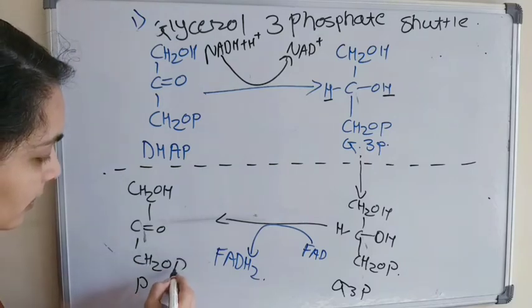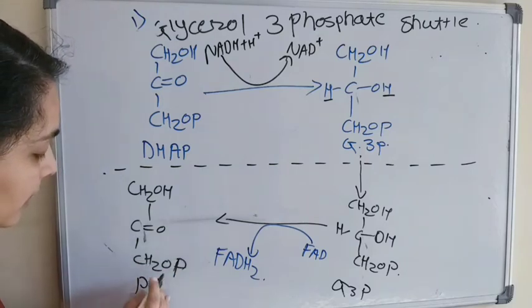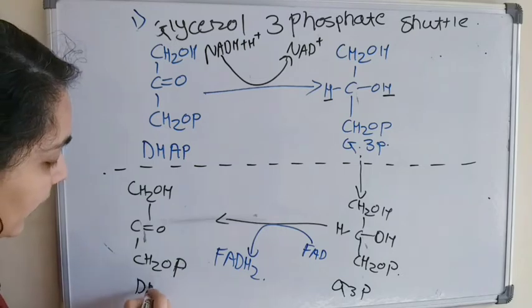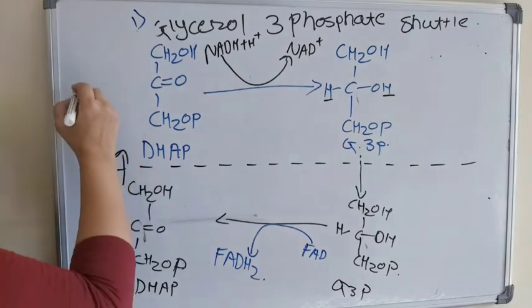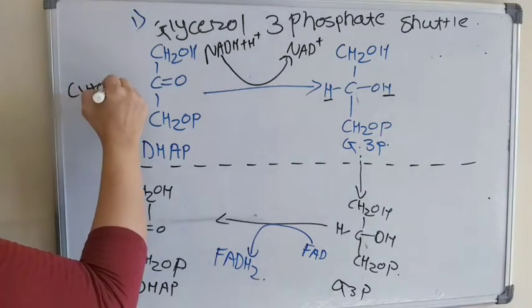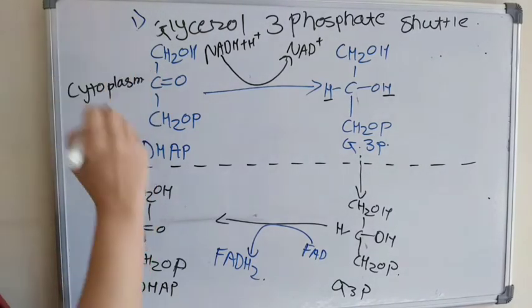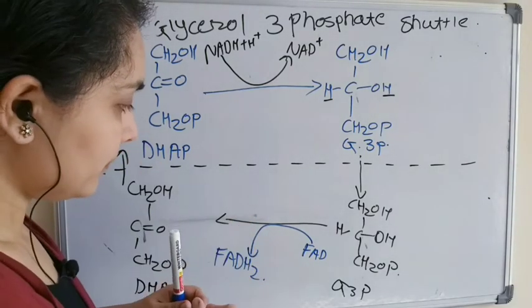CH2OP. This is dihydroxyacetone phosphate, and this dihydroxyacetone phosphate again comes into the cell cytoplasm. Okay, so what is happening here?